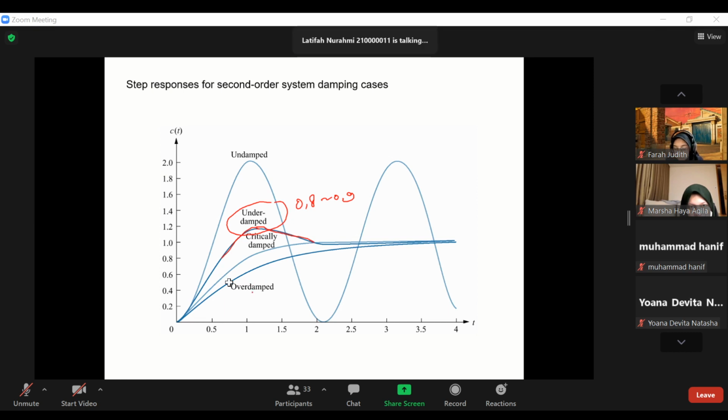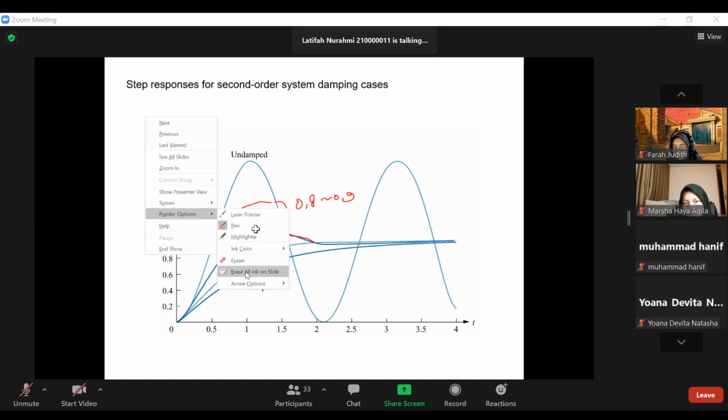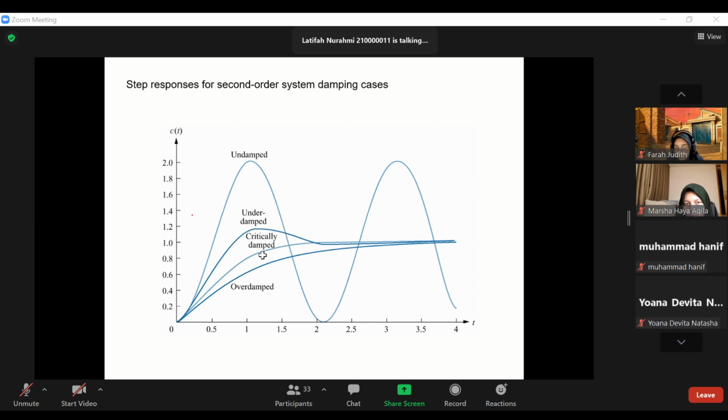Now, what is the difference between overdamped and critically damped? You can see it here. In overdamped, it is very, very slow. It is increasing, reaching the output, but very slowly.